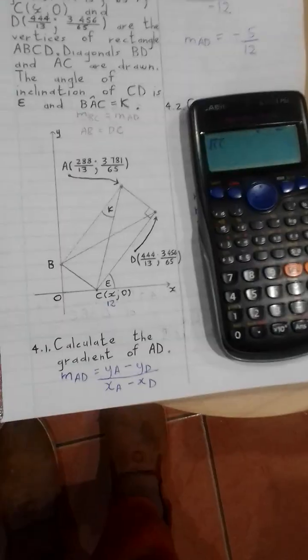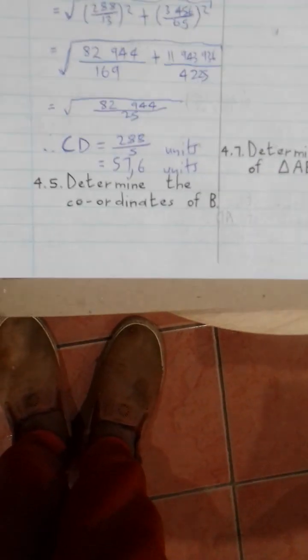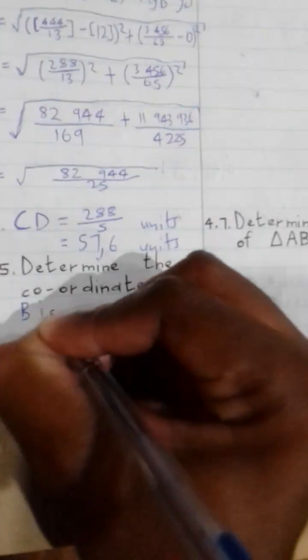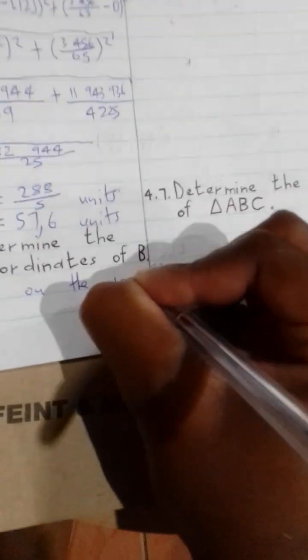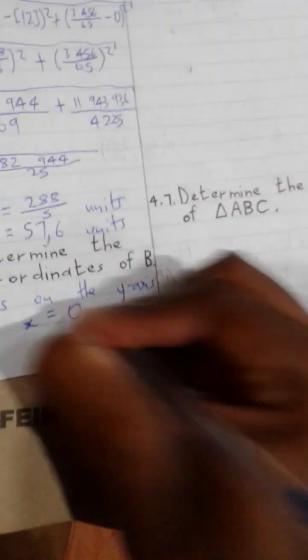We'll see when we get them. 4.5 states, determine the coordinates of B. We are told B is a point on the y-axis. Therefore, x is 0.